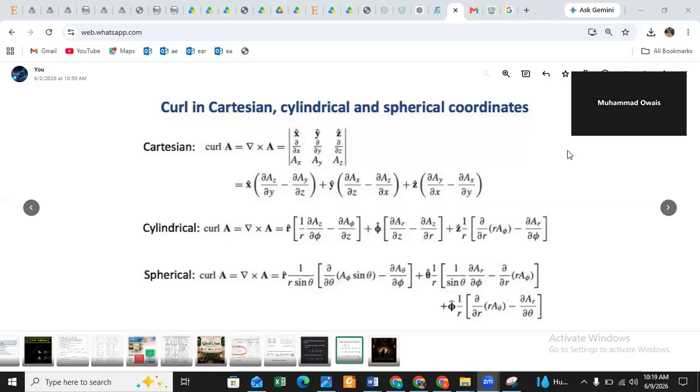This is the formula sheet, and I have already shared in your group the curl in Cartesian, cylindrical, and spherical coordinates.